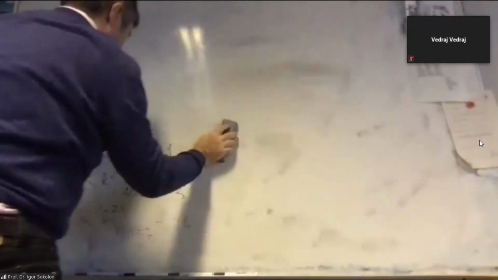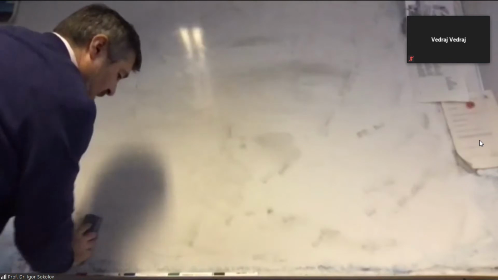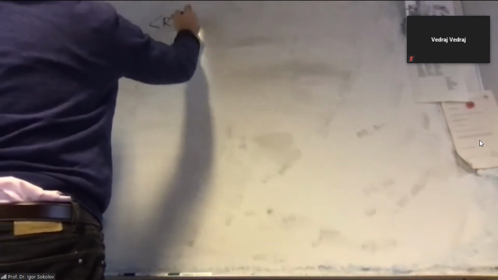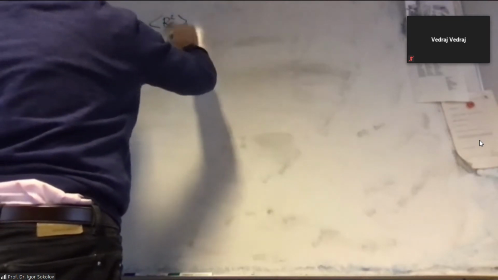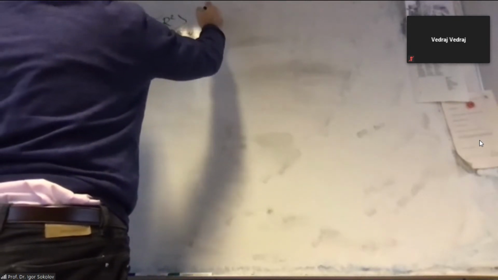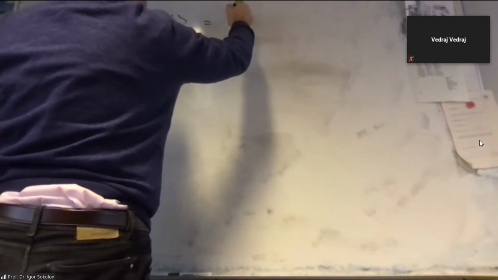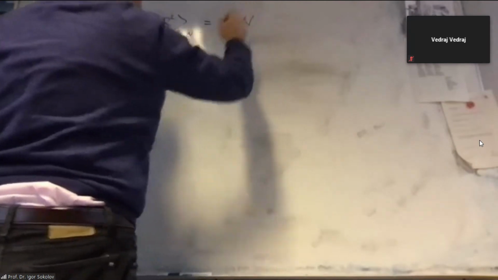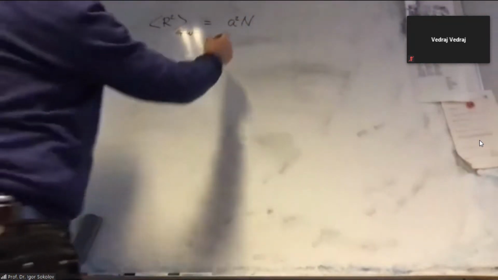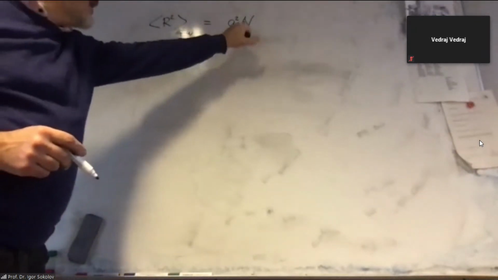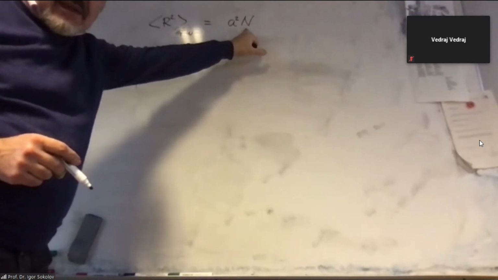For a simple random walk chain, we have R squared is essentially A squared n. This is what we got last week. And this you see from the dimension. R squared must have the dimension of length squared. The n dependence is here linear.